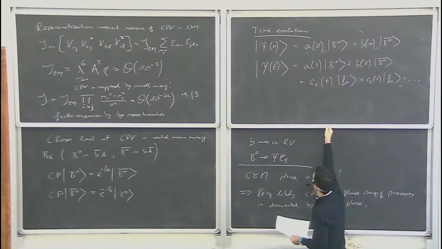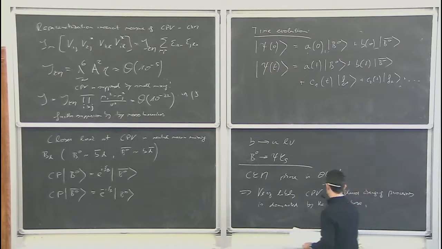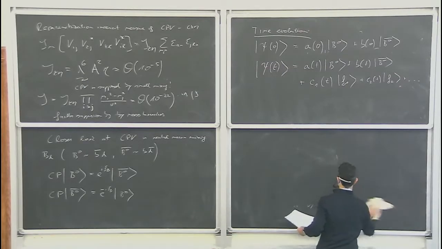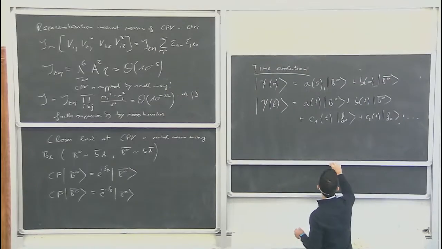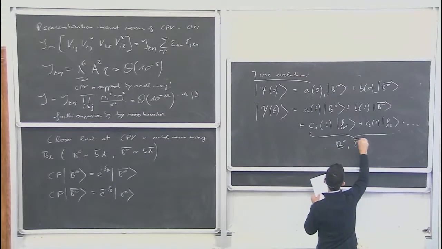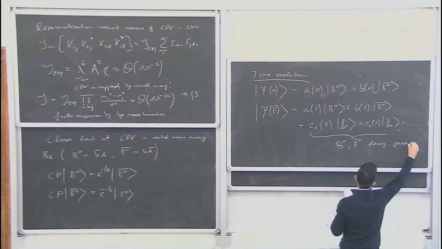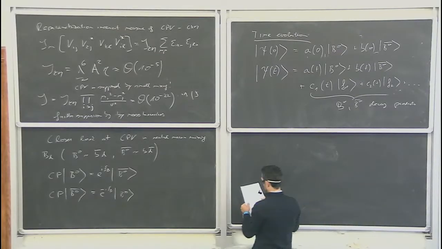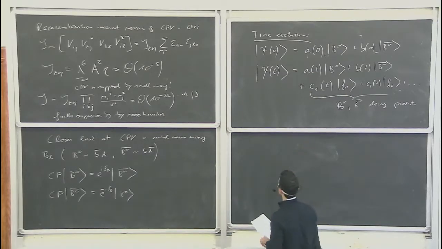So right now I'll be only interested in the time evolution of A and B. So let me just note, so you don't forget, these are B0 bar decay products. Okay, so if we are only interested in the evolution of A and B, we have a two-state system.